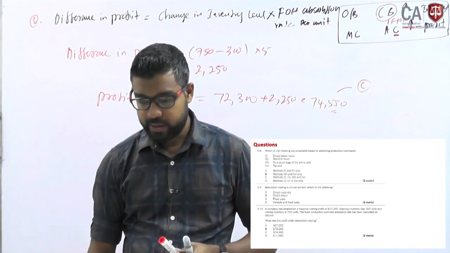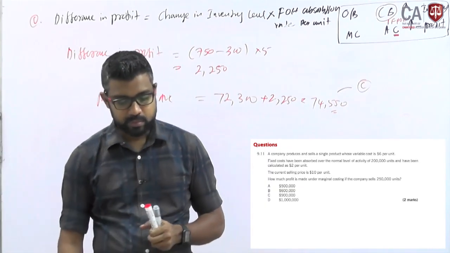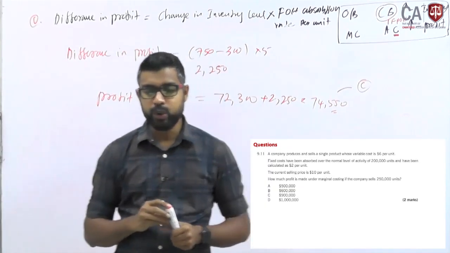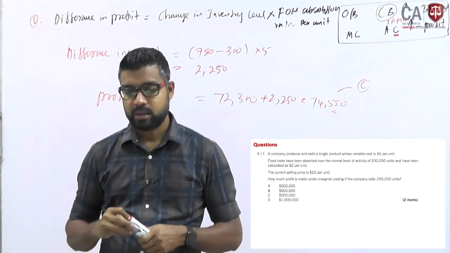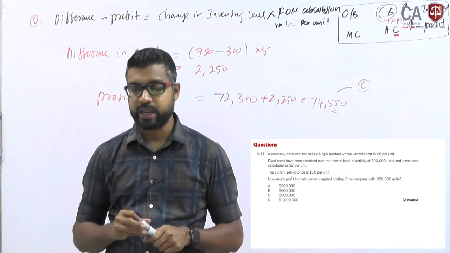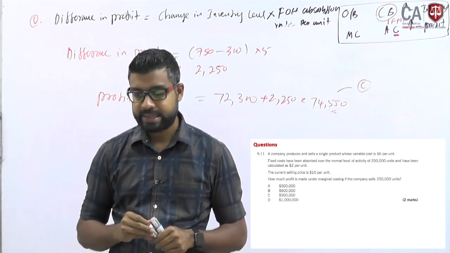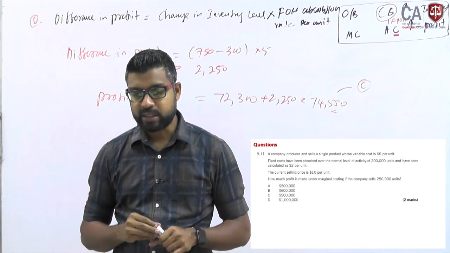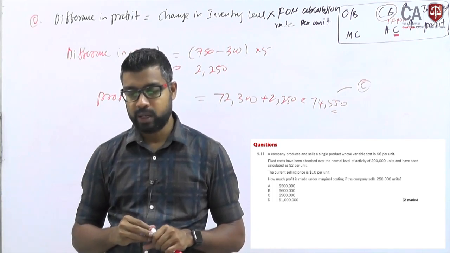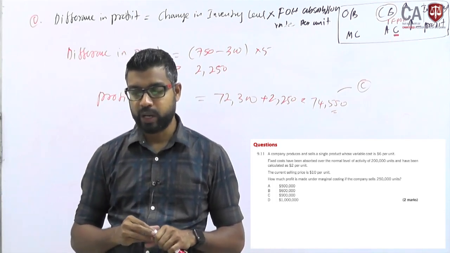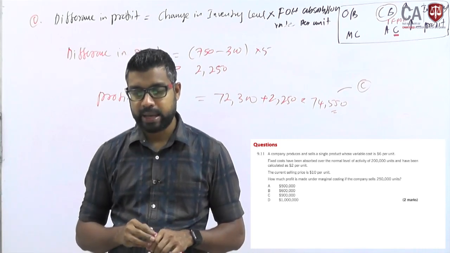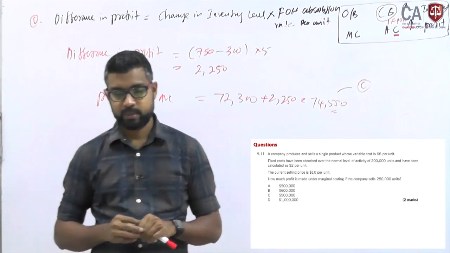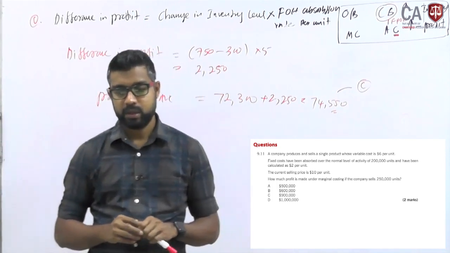Question number 11. A company produces and sells a single product whose variable cost per unit is 6. Fixed costs have been absorbed over the normal level of activity of 200,000 units and have been calculated as 2 per unit absorption rate.